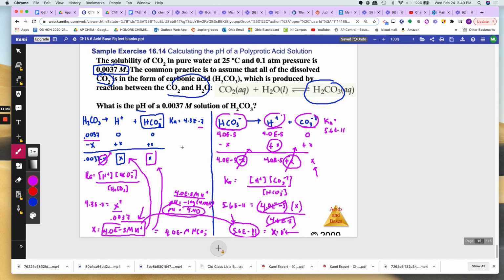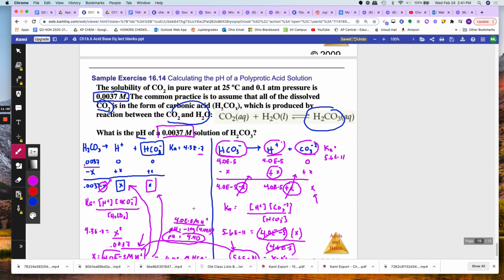If you take H2CO3, this molarity is what you have, and you put it in water, your pH will be 4.40, and that's mainly due to only the first H coming off, because the second H coming off was really, really close to 0. It was hardly anything, 5.6 E negative 11. And the reason is if you look at the Kas, they're very different, by 10 to the negative 4.